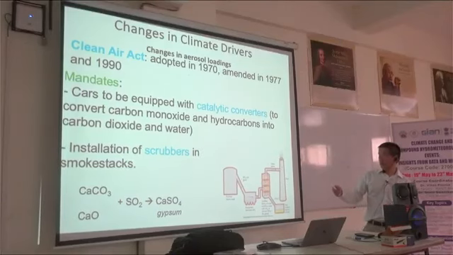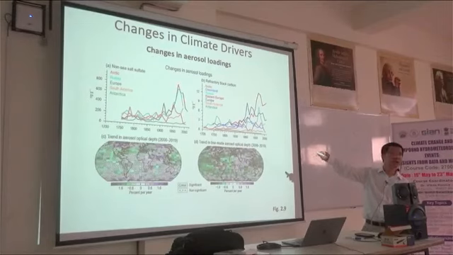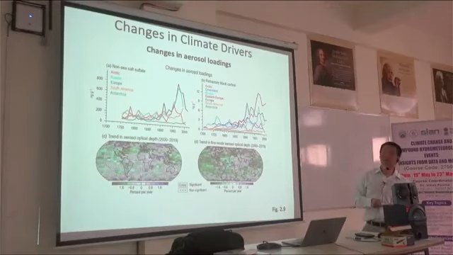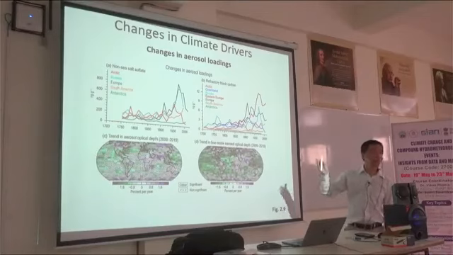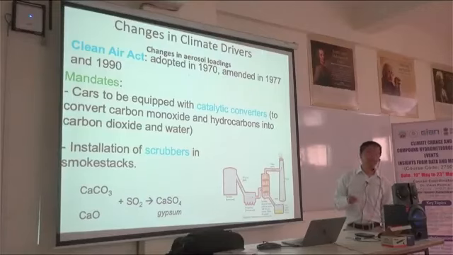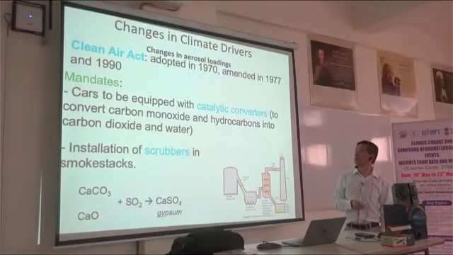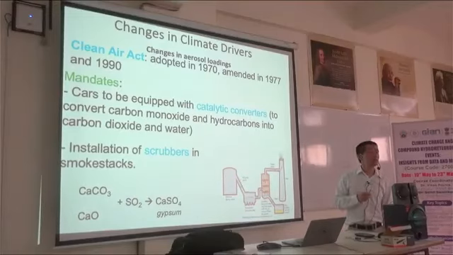That's why, in Europe and in the US, there is a huge reduction in aerosol, which is very good from the human health point of view. That is the main reason for the big reduction in recent years. Any questions so far?